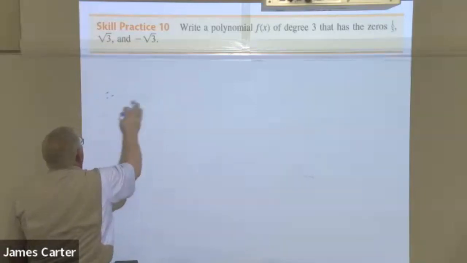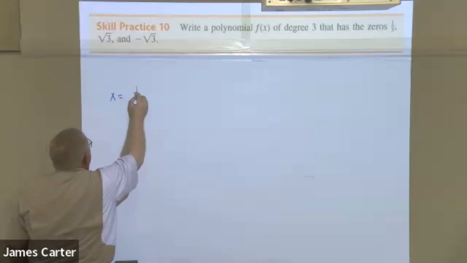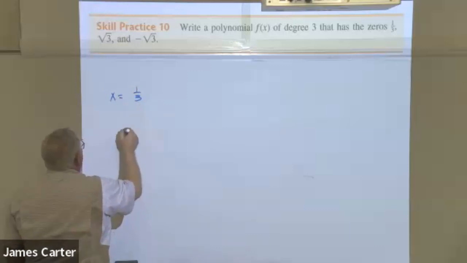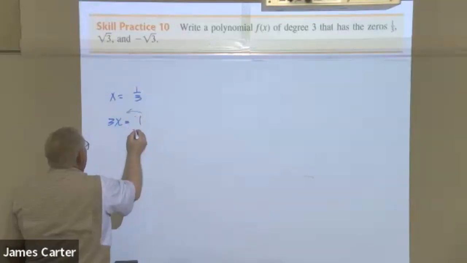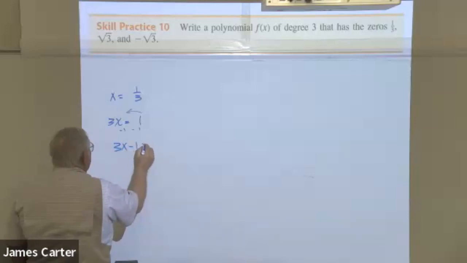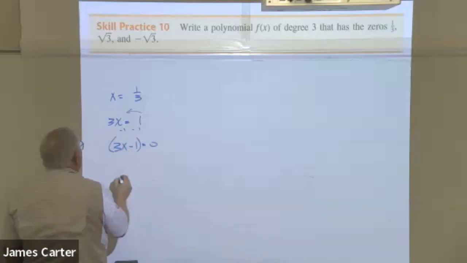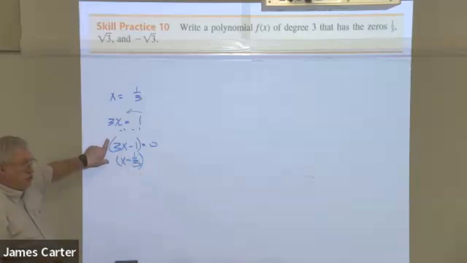If x equals 1/3, then I can multiply both sides by 3, and then 3x equals 1, and then take this over, 3x minus 1 equals 0. That is the same thing as x minus 1/3. Those two are the same factor.